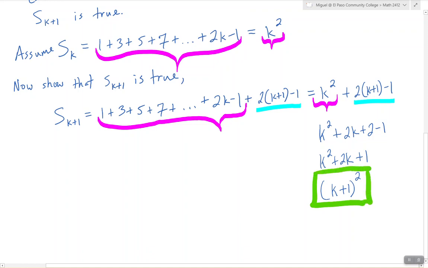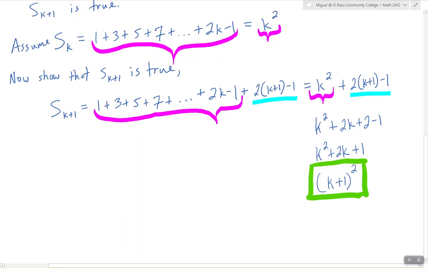Okay, and the fact that this is one higher than the original one shows that this will work for any number, any k or any n. So once you prove the base case, then this shows that the next one will work.